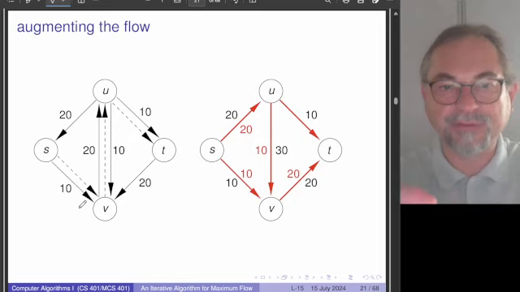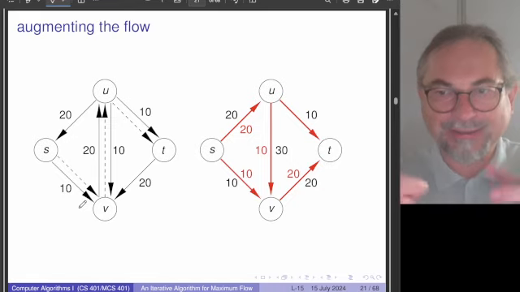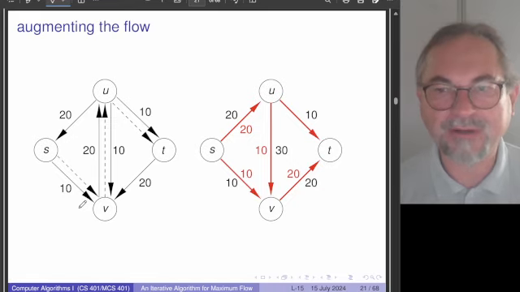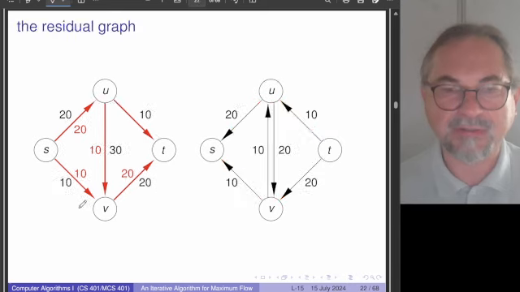So we started with 20, 20, but we have redistributed 10 from the edges U and V to U. Okay, so I hope it's obvious that this is the end of the algorithm. So you have the maximum flow of 30 in this algorithm.